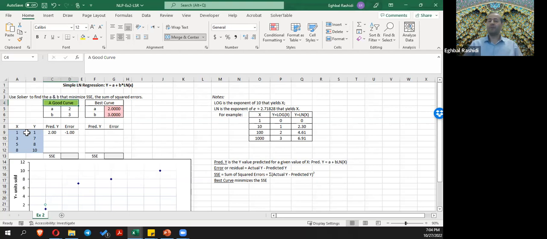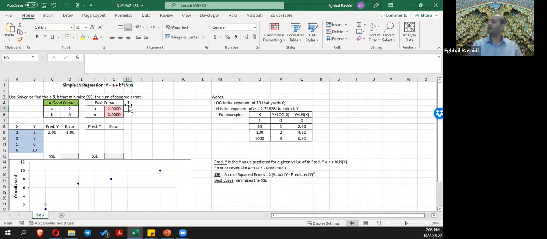So we have a bunch of numbers here. For x equal to 1, the objective value is 1. For 3 it is 7. For 5 it is 8. For 8 it is 10. Okay. And we're going to use the natural logarithm here. But it doesn't matter, because our objective function, the least square function, is a nonlinear function.